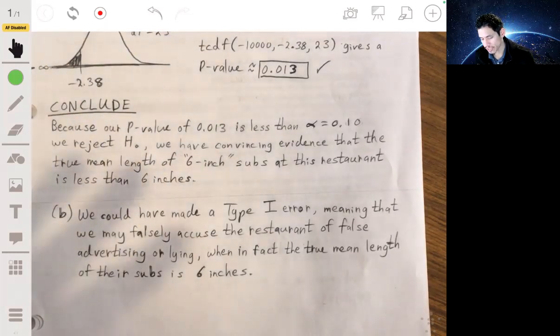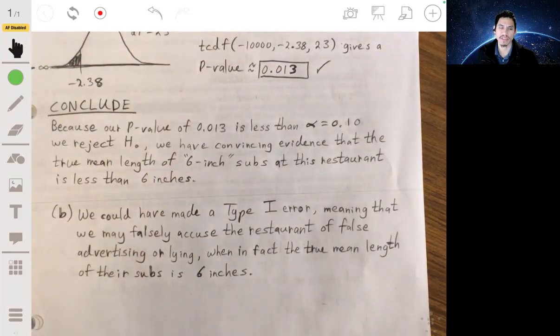So always consider the possible consequences of making a type 1 or type 2 error, because that's usually what's going to affect what your alpha level would be in real life.